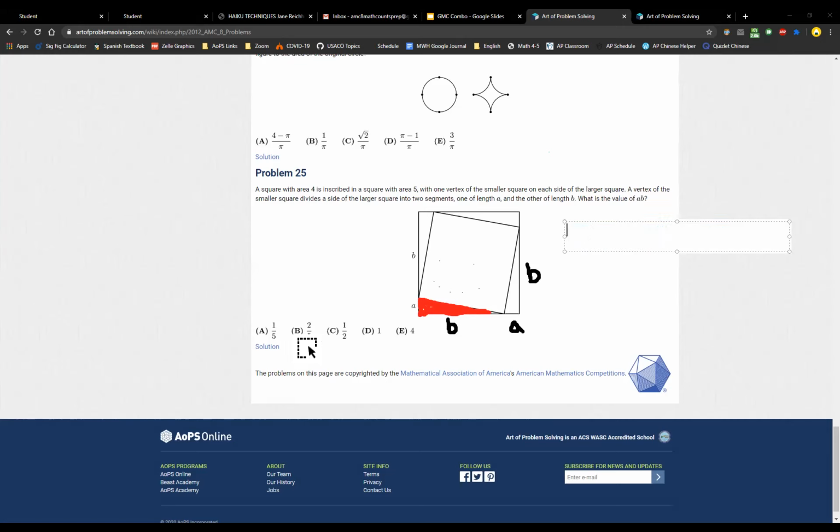All right, so one of the red triangles, the area is equal to AB over 2. And the way we know this is just base times height. Okay, so the difference between big and small square is equal to red triangle times 4, because there are essentially 4 of these red triangles that separate the big square from the small square.